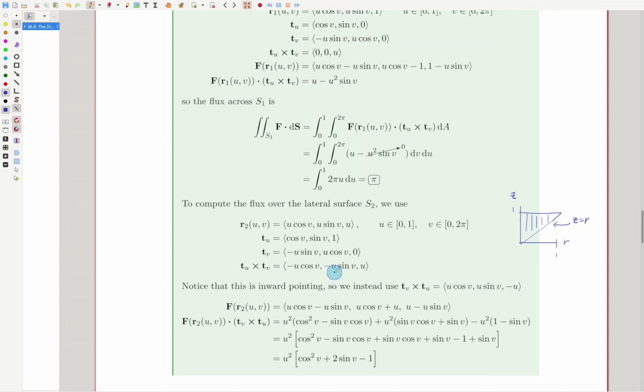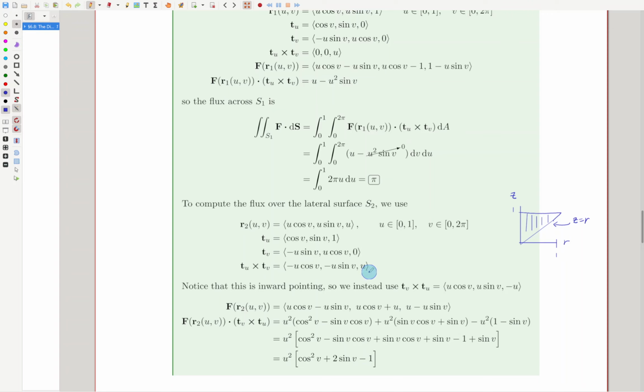If you look at this, the vector given from this calculation is actually inward pointing. The way you could see that: think about this picture, but bring it up to 3 dimensions, though it doesn't really matter. Take the x component and the z component. In terms of x, or r, the way that this is labeled, it's pointed in the negative direction, so to the left.